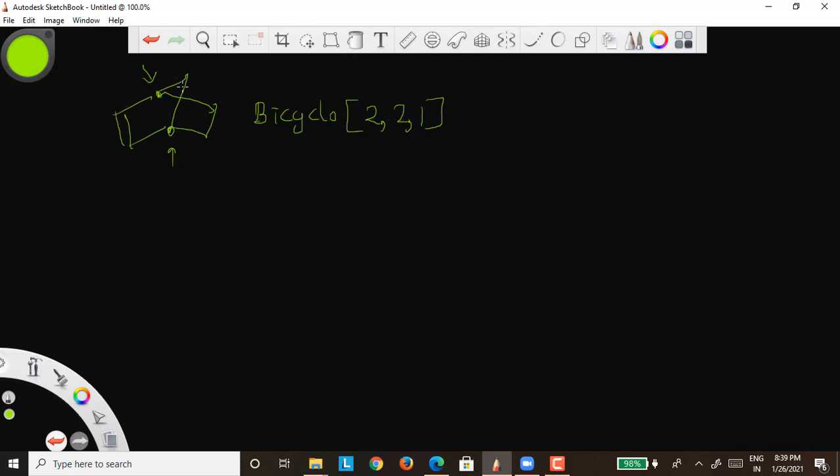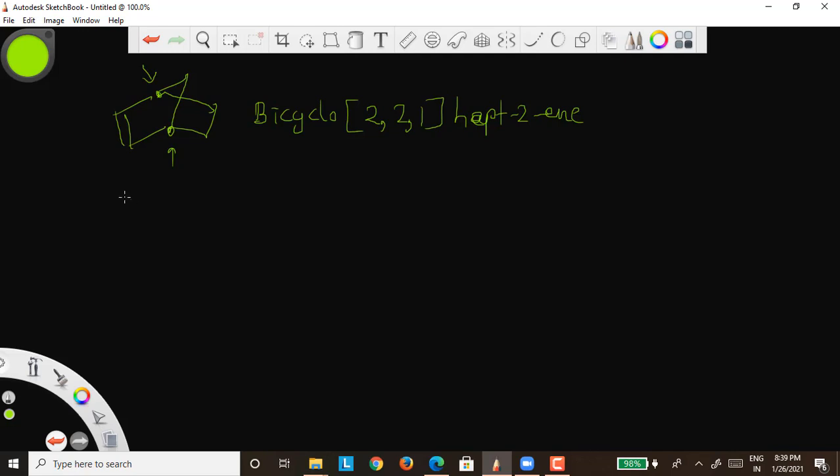How much is coming? 5 coming. 5 plus 2 bridgeheads, 7 coming. So it should be heptane. But this contains an alkene, so hept-2-ene. It will be like this.